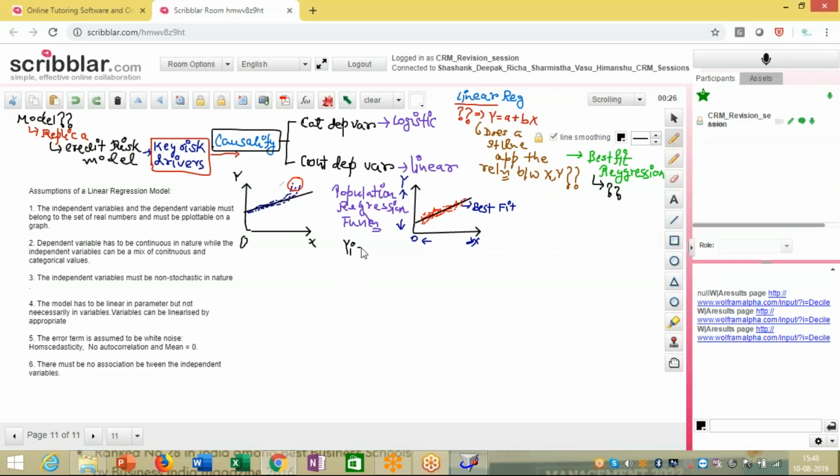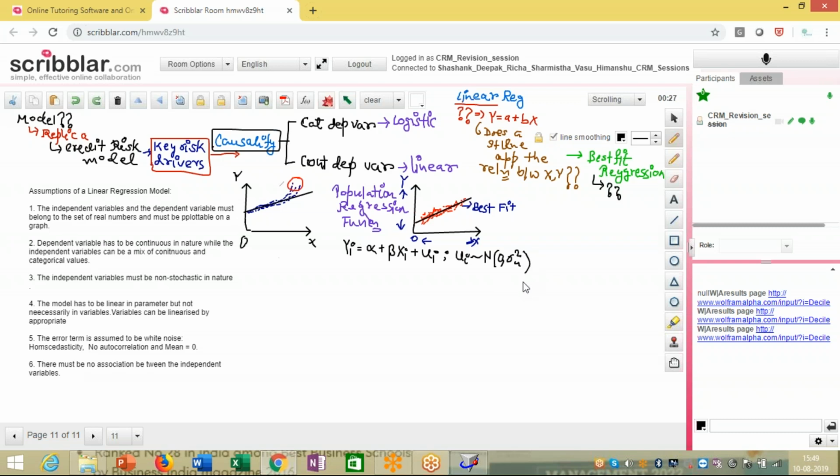So as I was saying, population regression function. So yi is equal to alpha plus beta xi plus ui, where ui follows a normal distribution with mean 0 and variance sigma square u.